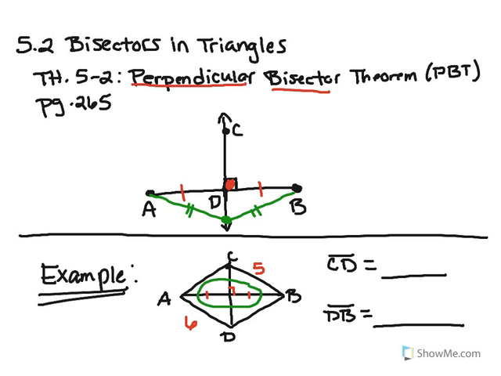I know that I have a perpendicular segment, CD, or AB, just depends on how you look at it, with two congruent pieces. That means this is a perpendicular bisector. So CD is bisecting AB. And that's very helpful because we want to know two things. I want the length of CD and DB over here. So let's use this theorem to help us do that.